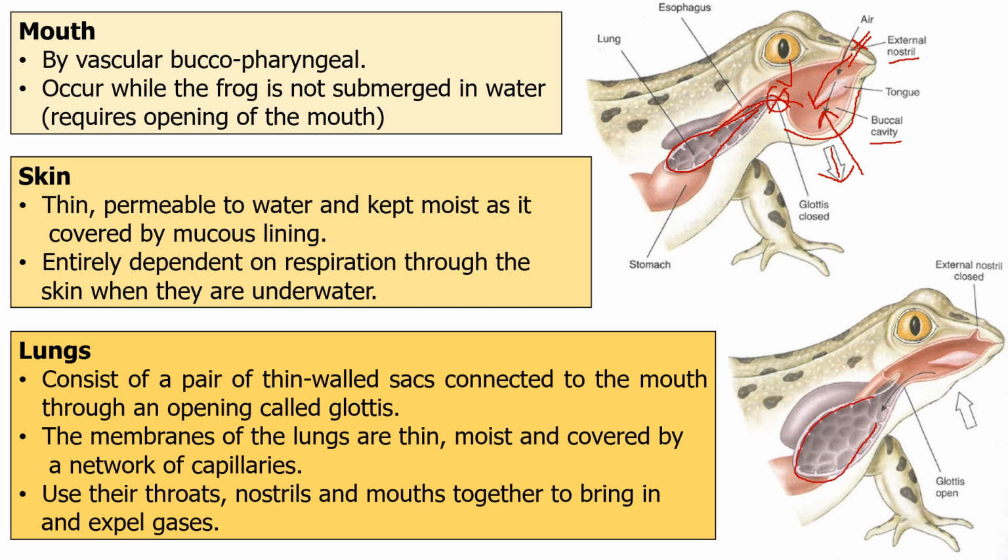So air is expelled from the lungs. So frogs can also do their respiration via skin whenever they are underwater, and also via their lungs, which connect to the mouth through the opening glottis. They use their throats, nostrils, and mouths together to bring in and then expel gas.